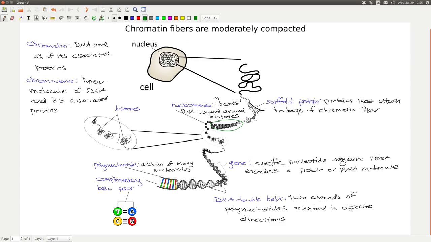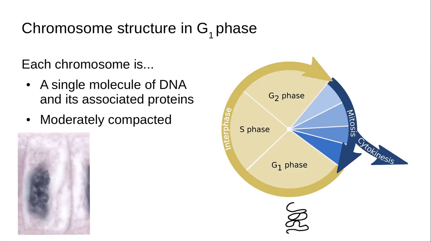At this point, if you were to look at your chromosome, you would describe it as being moderately compacted. If you look back at nucleosomes, you might describe that as loosely compacted chromatin. So in interphase, your chromatin fibers are moderately compacted, and you can't really distinguish individual chromosomes.